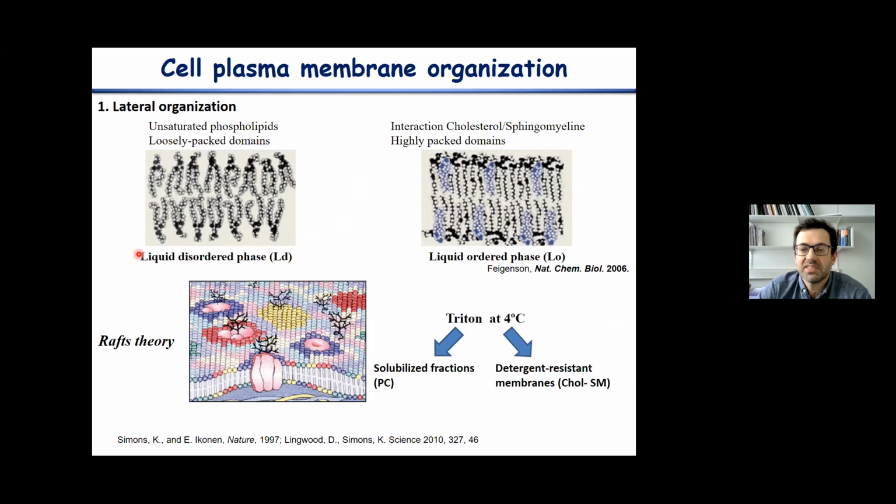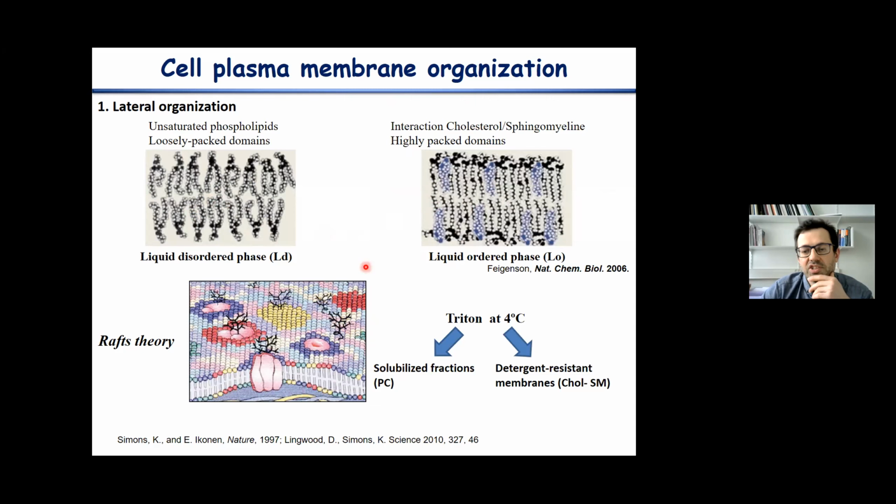In particular, let's say extreme structures that we can consider model ones, like liquid ordered and liquid disordered phases. And the theory of Kai Simons in the late 90s about lipid rafts or lipid microdomains suggested that these two kinds of phases coexisted on the surface of the cell, instead of the mosaic model where the lipids were supposed to passively diffuse and mix with each other.